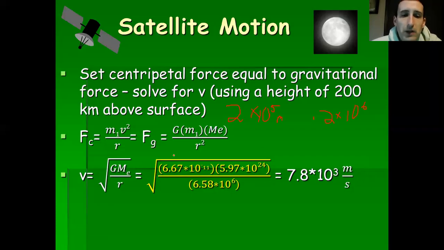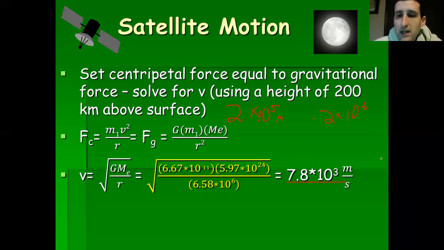Anyway, when we plug those numbers in, the mass of the Earth has not changed, big G has not changed. We discover the velocity truly is very, very large, 7.8 times 10 to the 3rd meters per second, or almost 8,000 meters every second. Well, remember, 1,000 meters is a kilometer.